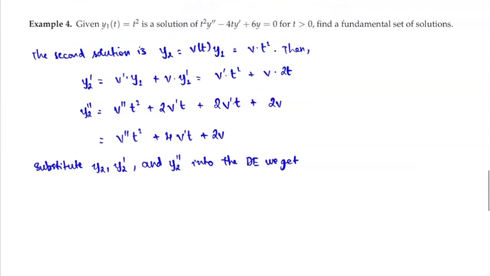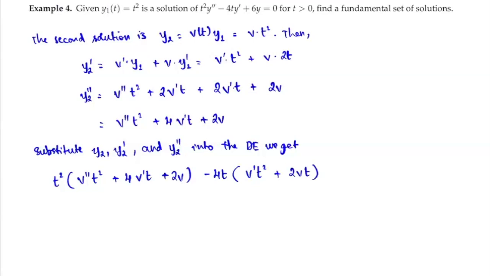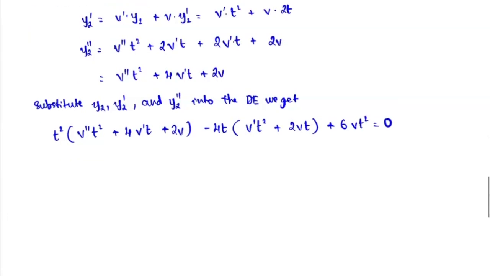We get t squared times y double prime, so t squared times v double prime times t squared plus 4 times v prime t plus 2v, minus 4t times y prime, which is v prime times t squared plus 2v times t. Then you take plus 6 times y, or plus 6 times v times t squared, equal to 0.